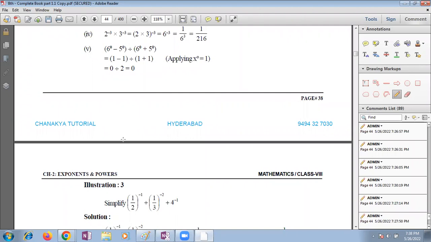The PDF will be in Classroom only, children. Whatever chapters are shared by Chanakya, I will post in that.